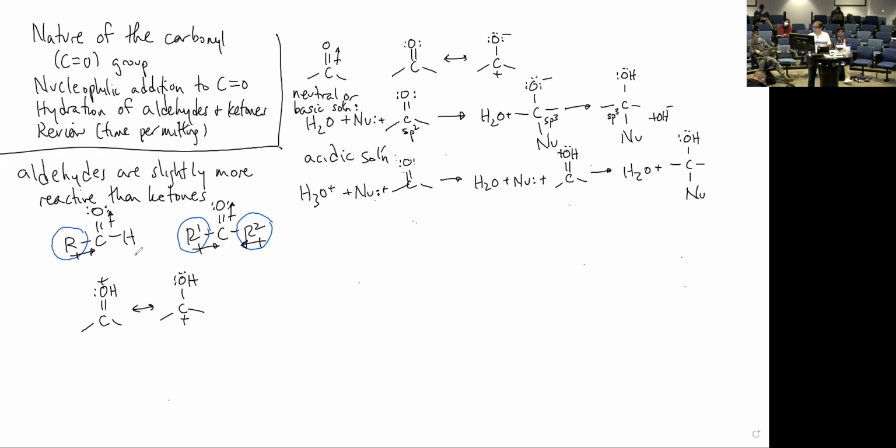But carbonyl groups don't tend to undergo reactions with electrophiles. They tend to be the electrophile, and they tend to undergo reactions with nucleophiles. Again, remember, an electrophile is a Lewis acid, and a nucleophile is a Lewis base. So C=C and C=O are completely different animals. They have very different reactivity.